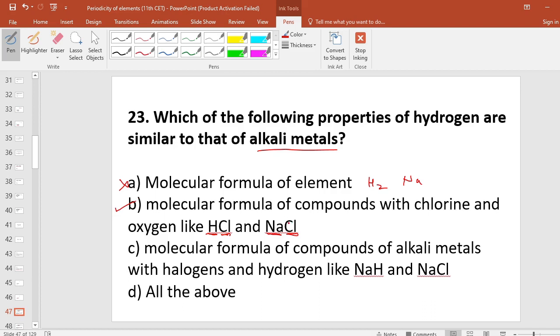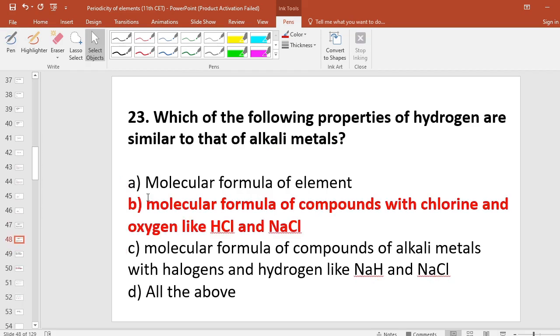Next one, molecular formula of compounds of alkali metals with halogens and hydrogen, like NaH and NaCl. It means that in both the compounds alkali metal is common and they form hydride and chloride. Now this is a similarity between hydrogen and halogen and not between hydrogen and alkali metal. So this is a wrong answer. So the correct option will be B.